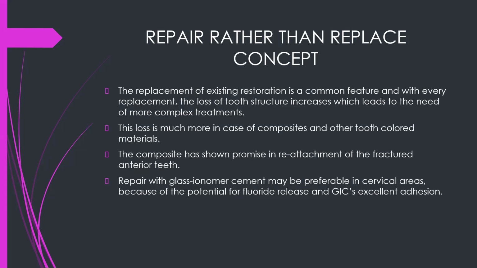Because when you're trying to replace an entire composite restoration, there is a chance that you may overcut the cavity. So if the remaining restoration seems to be intact, you remove only that portion of the restoration which is chipped off or which seems to have developed caries and then restore that region. Because the previous restoration was a composite restoration, it will adhere to the newer restoration also.